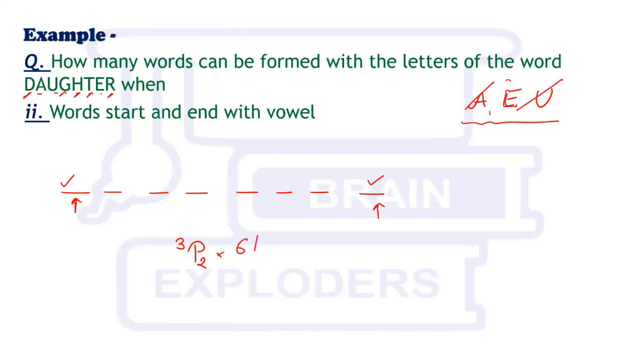So these 6 letters will be arranged in a particular order in the remaining places. So the total number of permutations possible with this restriction is 3P2 multiplied by 6 factorial, which is equal to 3 factorial over (3 minus 2) factorial multiplied by 6 factorial.